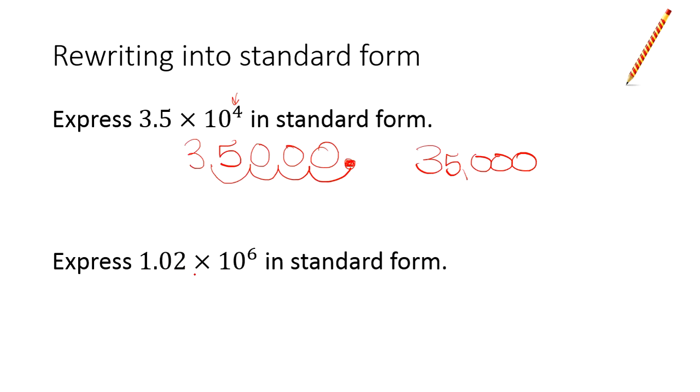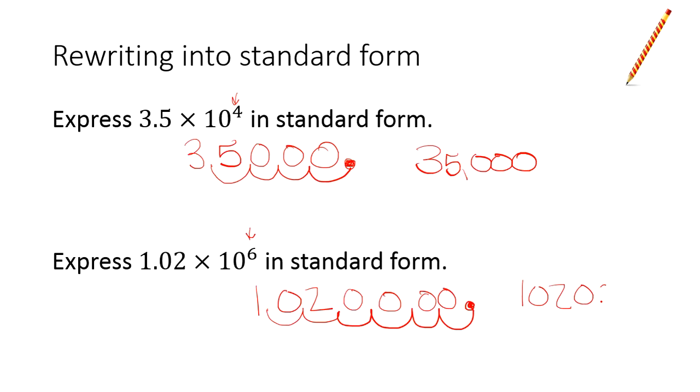What about 1.02 times 10 to the 6th? Well, I'm going to write 1.02. This tells me I got to move 6 to the right. So I'm going to go 1, 2, 3, 4, 5, 6. Decimal point's back there now. Add some zeros in. Then I rewrite my number here and put some commas in.